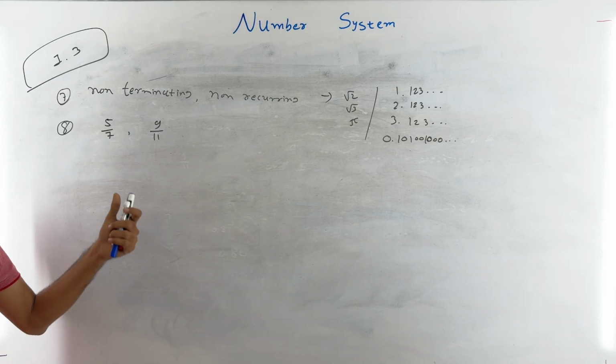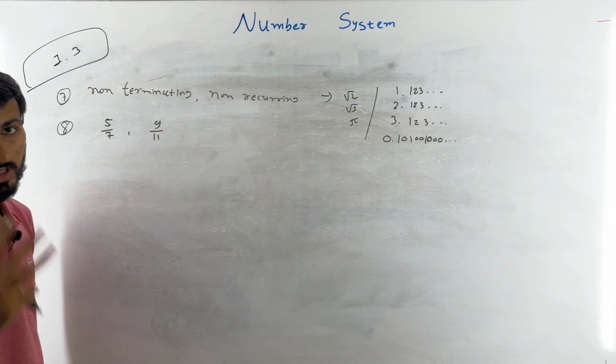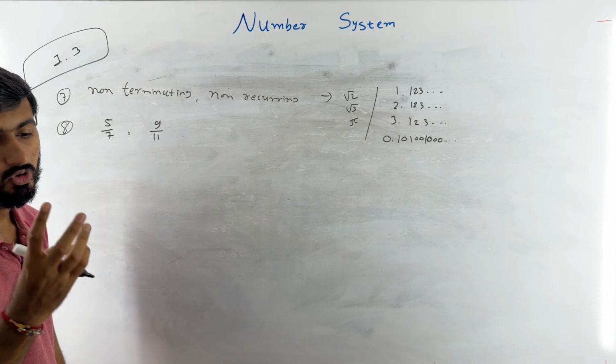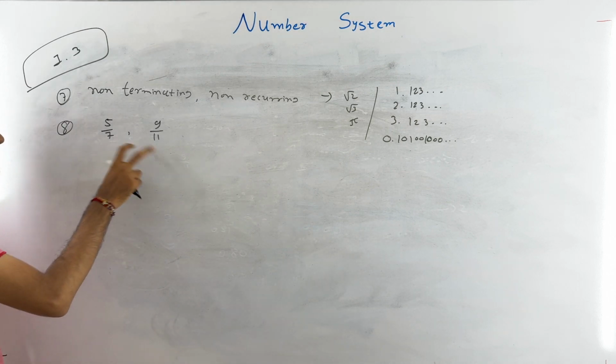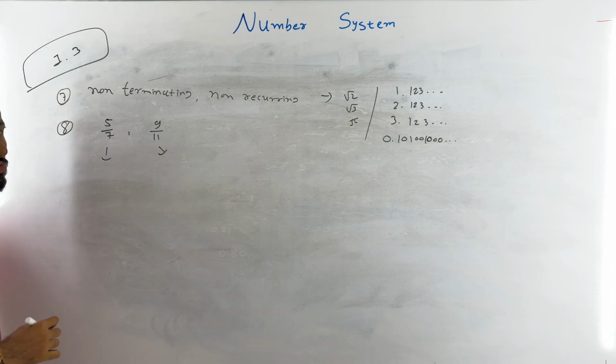Now our eighth question is, we have 5 by 7 and 9 by 11. We have to find three decimal expansions that are non-terminating and non-repeating between these two numbers. So first we will do the decimal expansion of these two numbers.